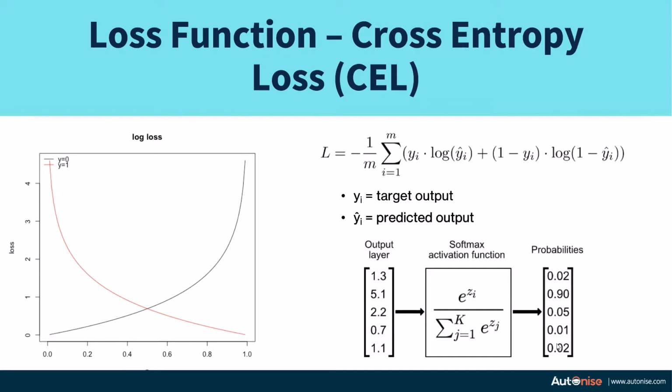So if the sum is 1, the range of the values remains between 0 and 1. You can think of them as probabilities, though they are not truly probabilities, and that is what a softmax activation function gives us. So in the final layer, you can apply the softmax activation function, normalize your values between 0 and 1, and then apply the cross entropy loss.